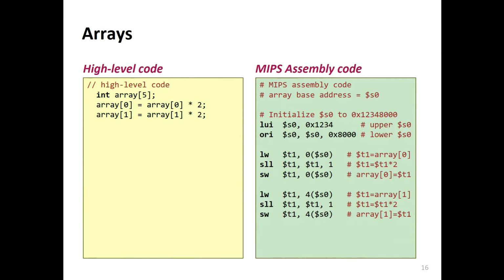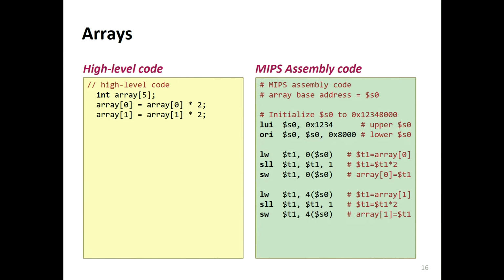So this effectively loads the 0th element from the array into register T1. This is just the syntax. What is in these brackets should always be a register that stores the base address. What is in front of the parenthesis would be the offset. So this is the 0th element.